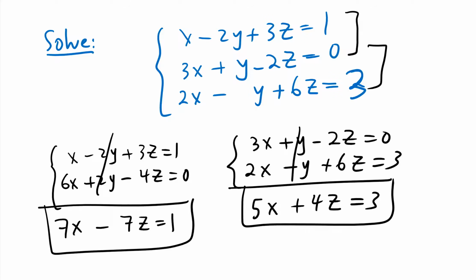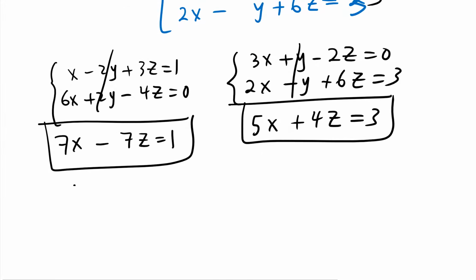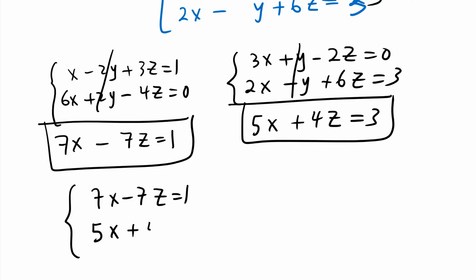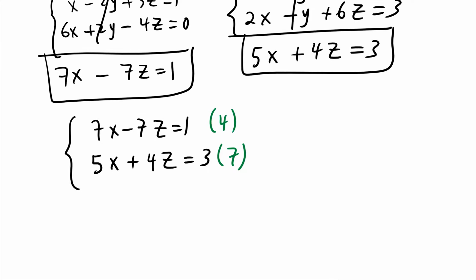Now we can solve these 2 boxed equations. 7x minus 7z equals 1. I'm copying them down. Let's say I want to eliminate the z using the elimination method. You multiply this by 4 and this by 7. That will take care of the z's.